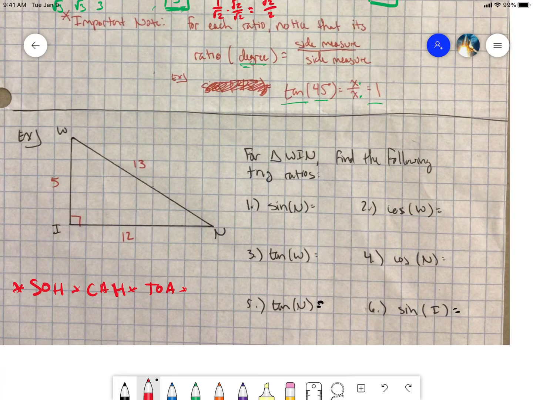All right, here we go. Let's try it. So, number 1 is sine of n. Okay, who can tell me what they think sine of n is? So remember, n is my reference angle, so I'm standing here at n looking into the triangle. What is sine of n?